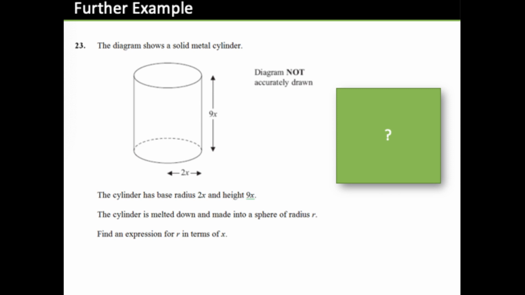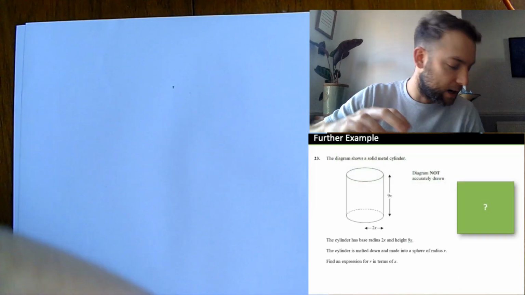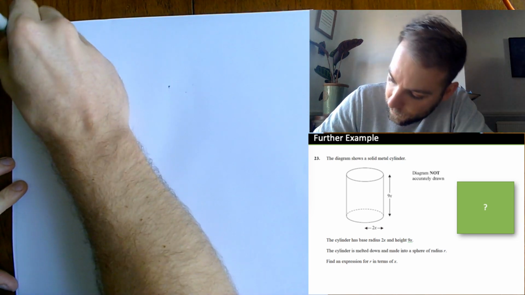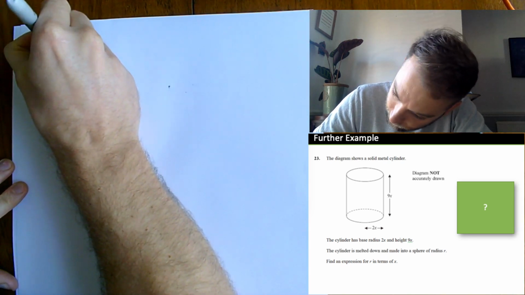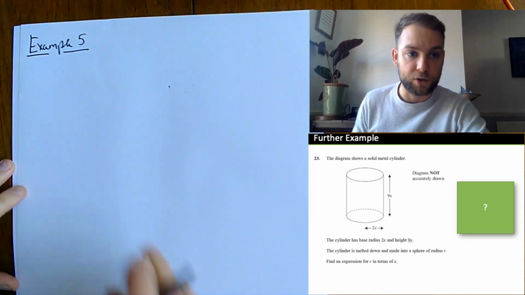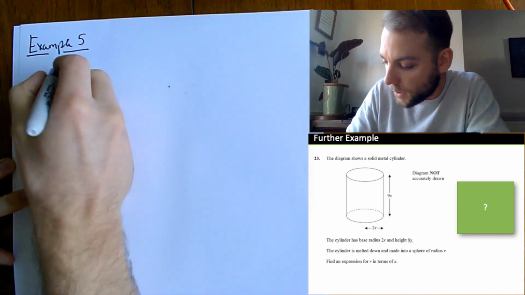The cylinder is melted down into a sphere of radius r. Find an expression for r in terms of x. Get this one down. I think this is example 5. These are the tricky ones.